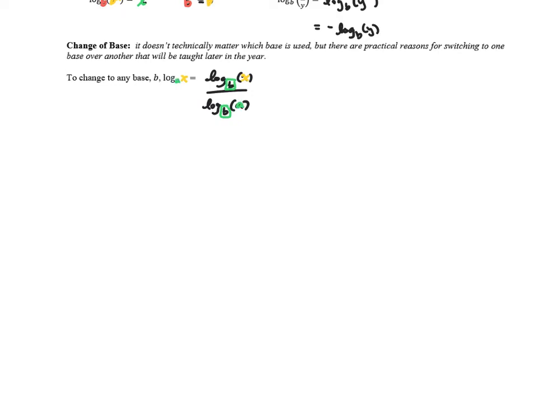I shouldn't have used green there. I already used green. How about blue? That's good. And again, you can choose whatever base you want, any base. So it could be base e, it could be base 10, whatever is most applicable to the situation you're working with.